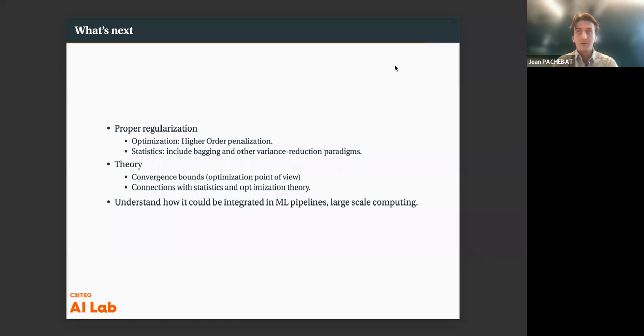Here in the experiments, the higher order optimization version has been shown to be way more prone to overfitting and difficult to tune. So I think the goal would be to find a way for the higher order version to be universal and easier to use in practice.